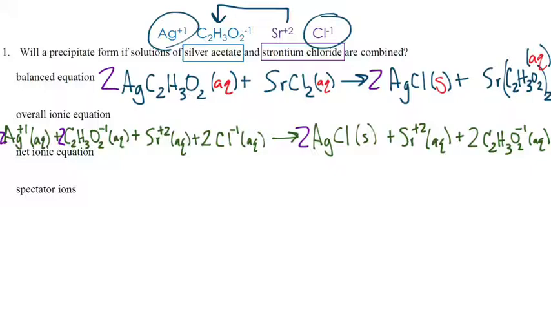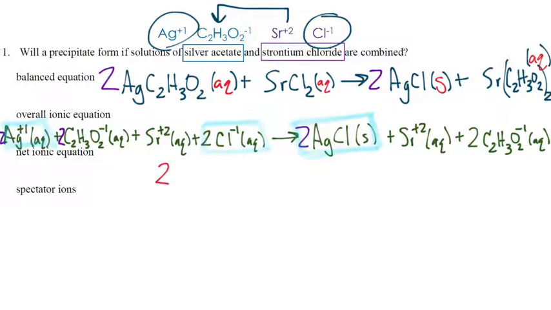So now I like to highlight, or you could circle, the solid and the ions that are needed to create that solid. And our Ag from way over here, so I'm going to pull that down into this section. I'll use red.